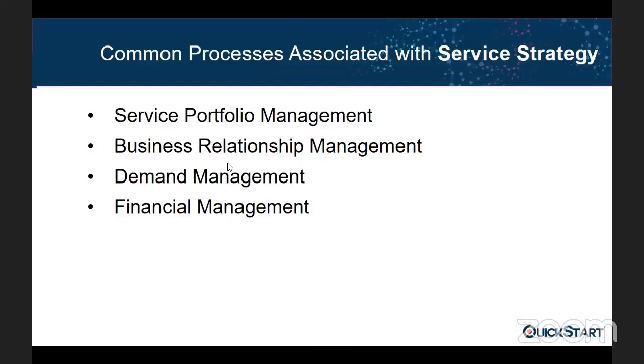For example, the services which are in the pipeline, which the service provider hasn't delivered yet, but which will be available in the future. Then all the existing services which are available right now, which customers can order and acquire. And the third category is the services which we, as a service provider, want to retire.